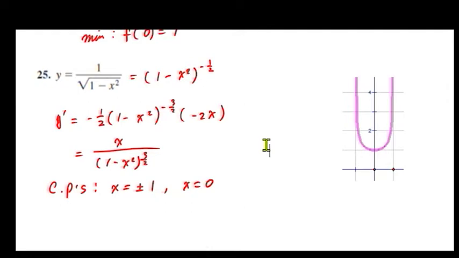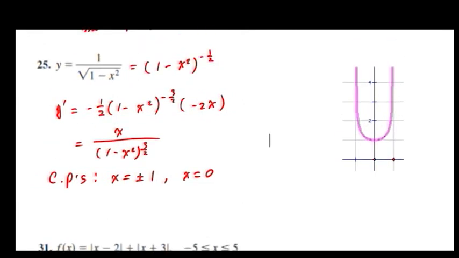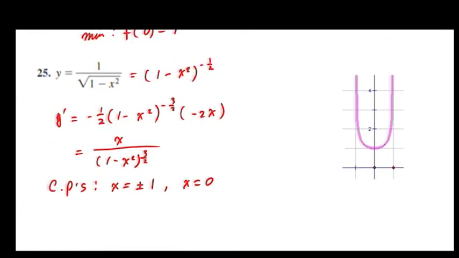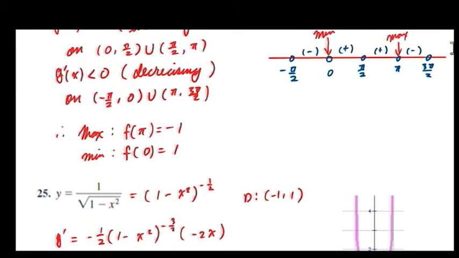Good. Now you also have to realize the domain of this function, even if they don't tell you. This has to be negative 1 to 1, right? Notice that I really did not calculate the points outside of these two, because that's way beyond the domain that we are given.